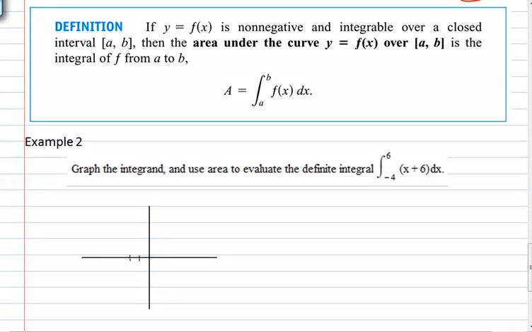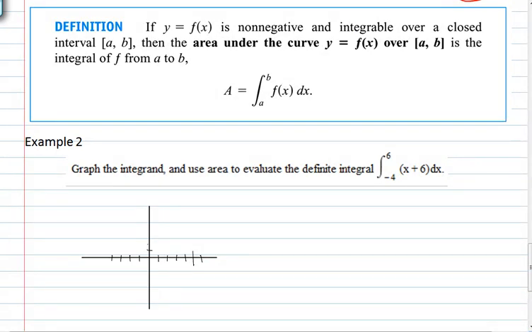So we're going from -4 to 6. So what if it was f of x? Would you just say x? No. 1, 2, 3, 4, 5, 6. All right. When x is -4, y is +2. So we have a point at -4, 2.